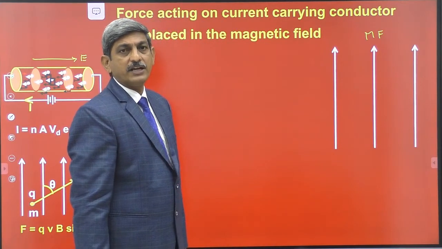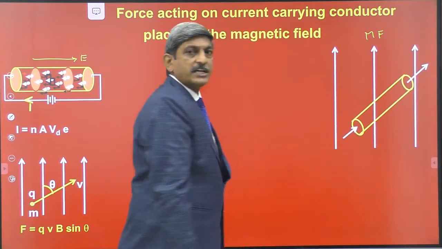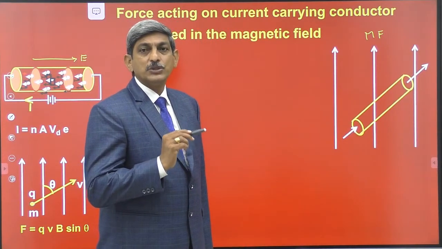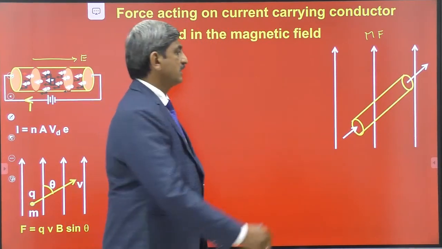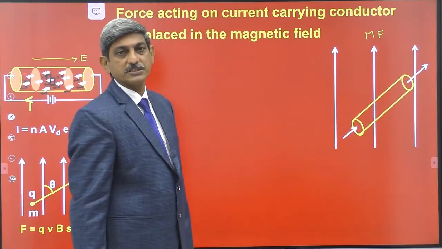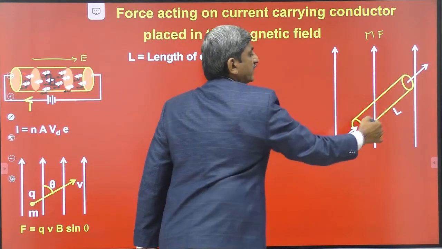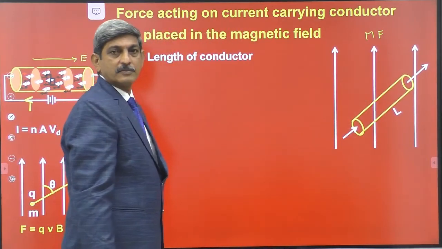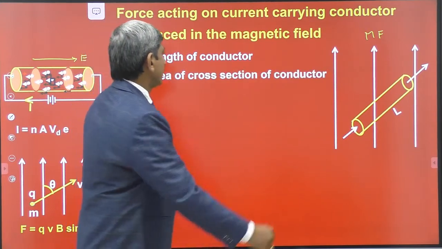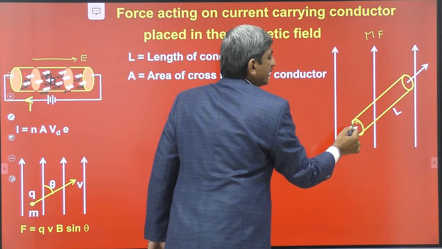Inside this magnetic field, let us assume a current carrying conductor having uniform cross section. See, this is the current carrying conductor having uniform cross section. Let L be the length of the conductor. Now A is the area of cross section of the conductor.